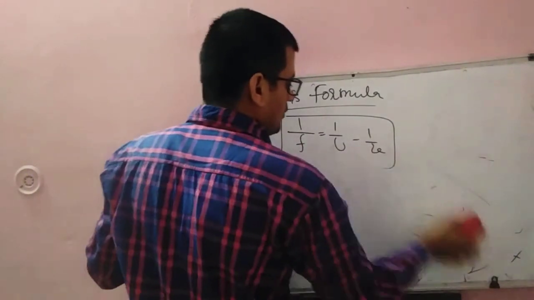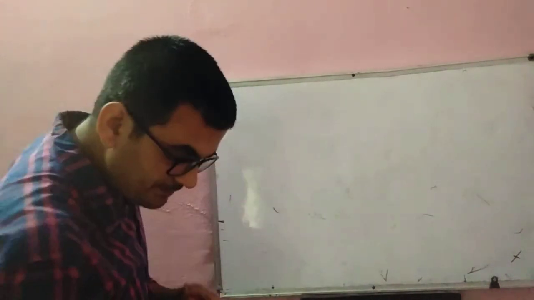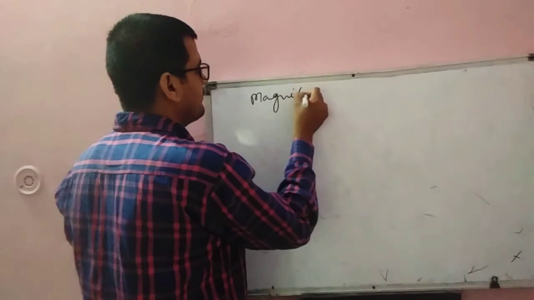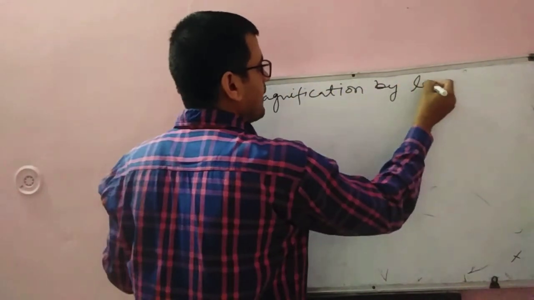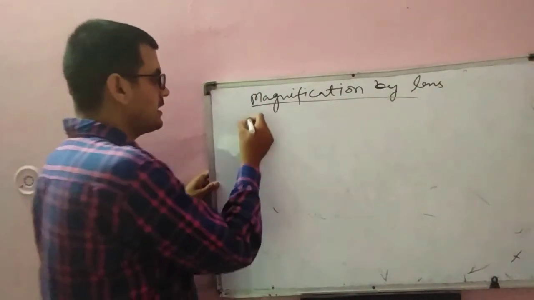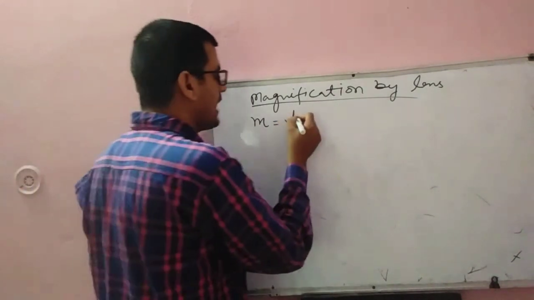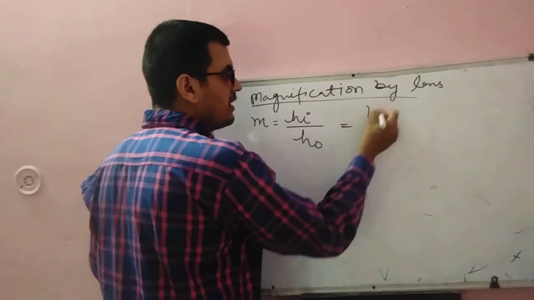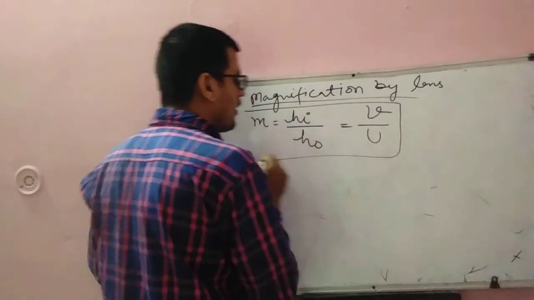Magnification. What is the magnification of lens? Magnification by lenses, represented by m. It is the ratio of height of the image to the height of object, or distance of image to the distance of object.